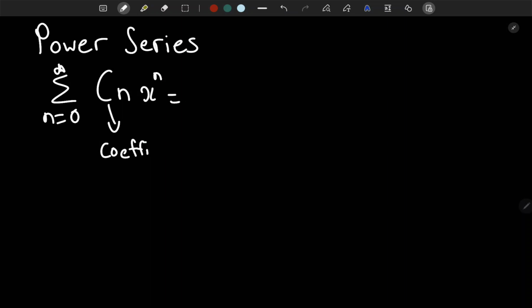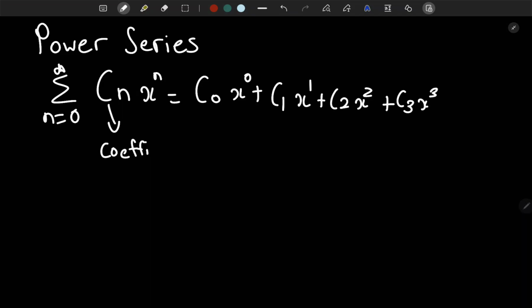So if we expand this, let's put n as 0. We're going to get c0 multiplied by x to the power of 0, and x to the power of 0 is just 1, plus c1 multiplied by x to the power of 1 plus c2 x^2 plus c3 x^3.